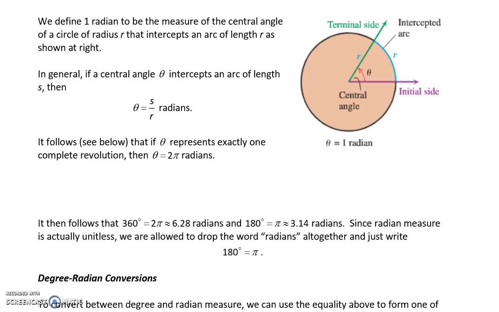For a central angle, when the intercepted arc has the same length as the radius of the circle, then the central angle will have, by definition, a measure of 1 radian, exactly 1 radian.